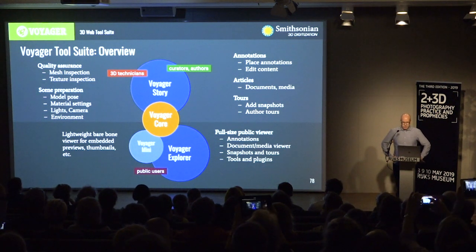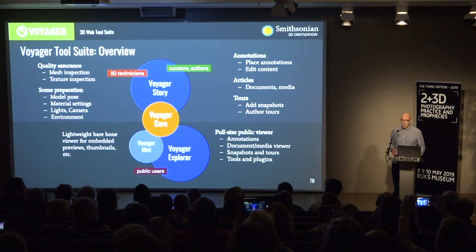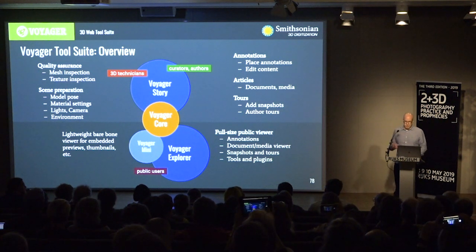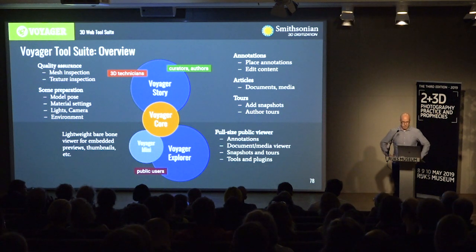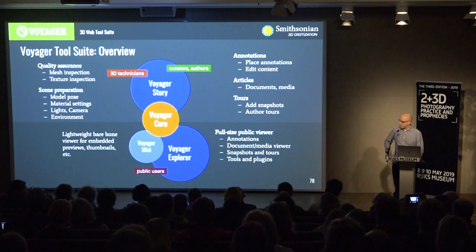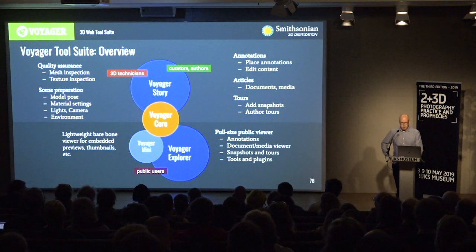We created a little ecosystem of different tools, because if you want to provide these stories, the viewer itself is not enough. You also need a place where you can actually author and create this content. So at the bottom, you see Voyager Explorer, which is our public-facing viewing tool that runs in a web browser.